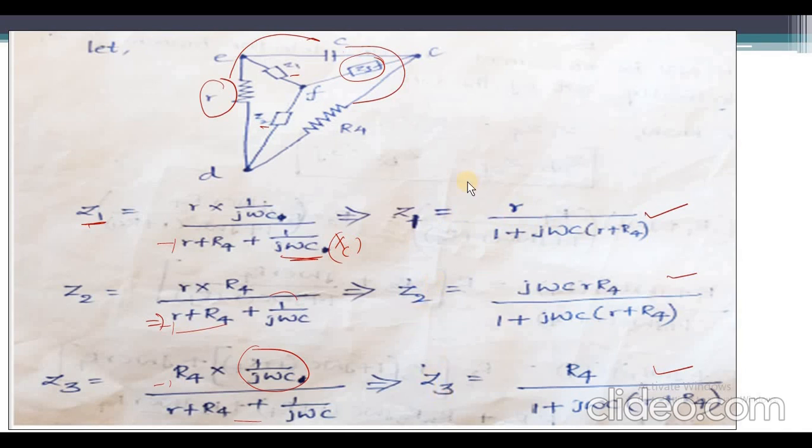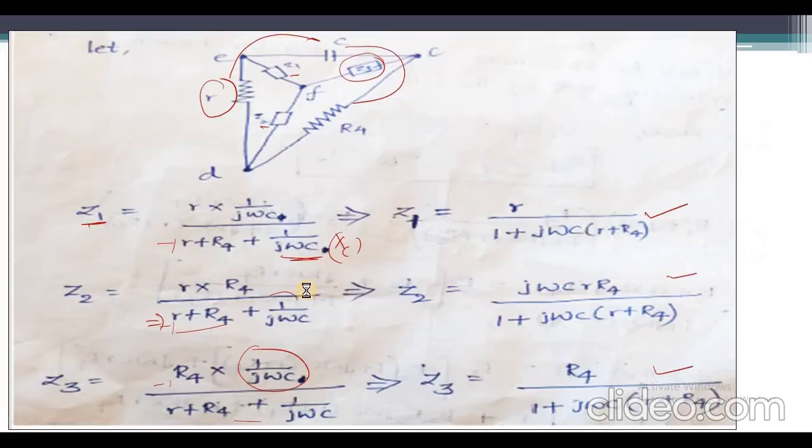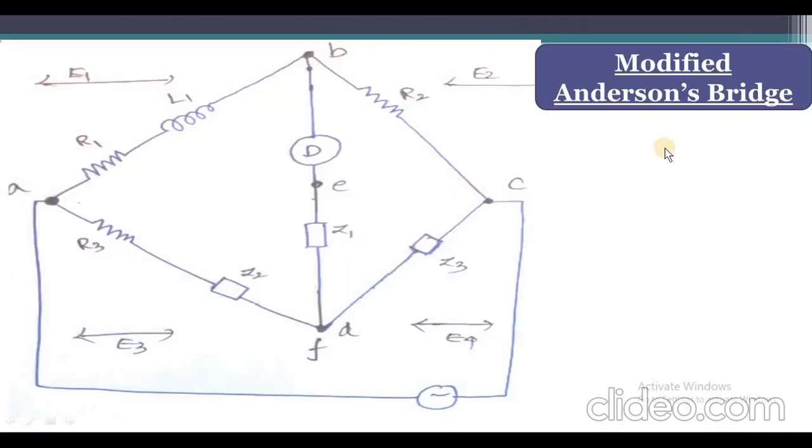Fine. So this entire Anderson bridge will be modified like this. It is the modified Anderson bridge circuit diagram, so you have to remember it. See here guys, no current will be flowing through this particular detector. That means Z1 is out of the circuit.